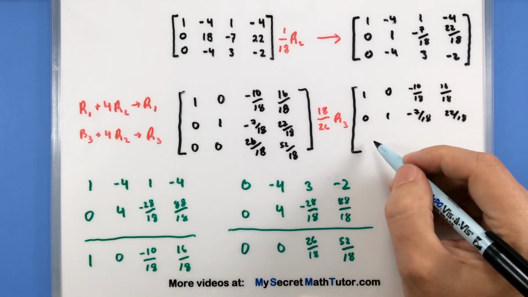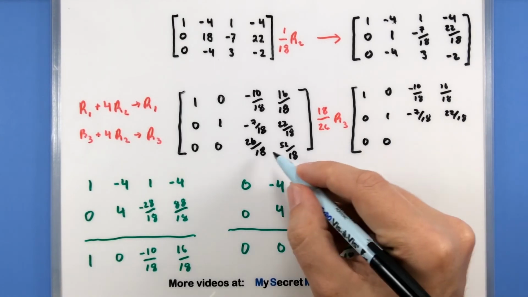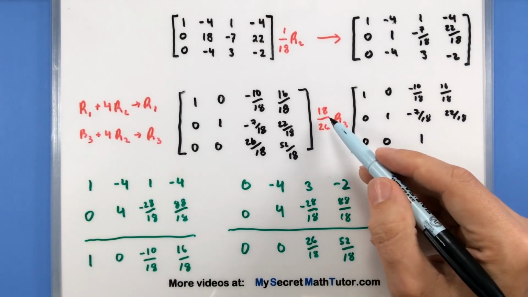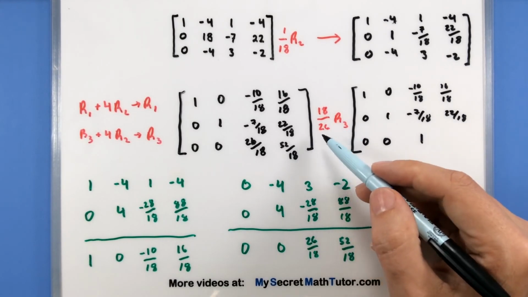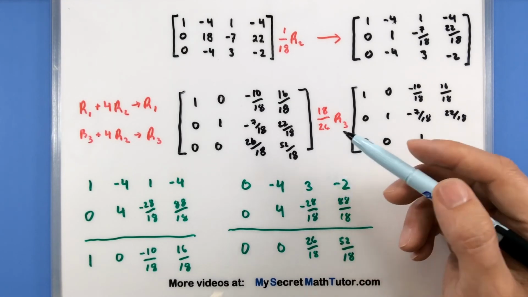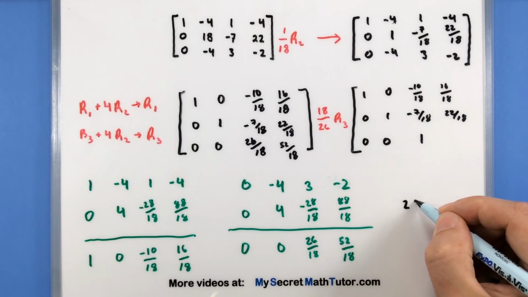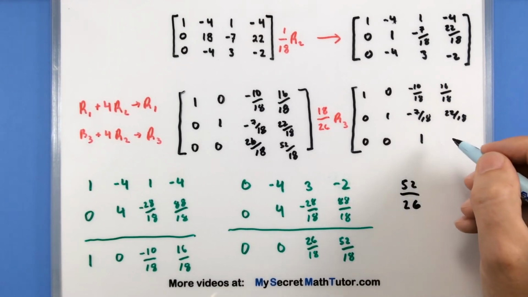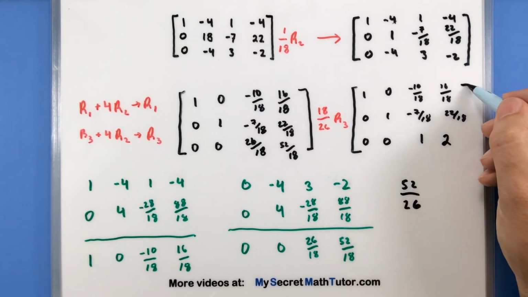And here's the important one, the one we're actually changing. 0, 0, since we're multiplying by the reciprocal, that becomes a 1. 18/26 multiplied by 52/18. Well, the 18ths cancel out, so I'll have 52/26, and that reduces to just 2.